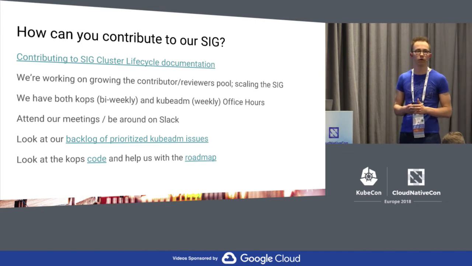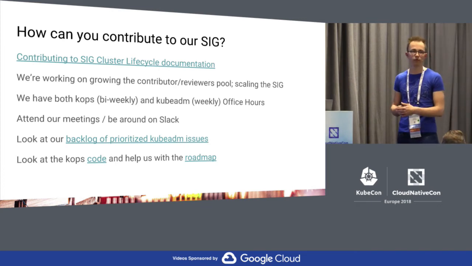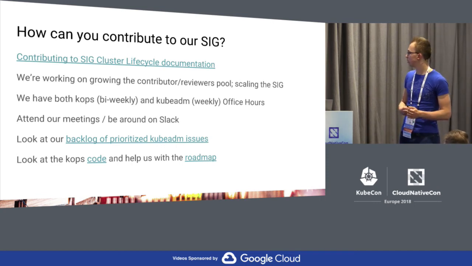So if you want to chime in and help, come to our SIG meetings and first ask the persons, but you can also go direct and see what are the things we're thinking about looking at, for example, 1.11. There are some links there to the kops repo, and we have a roadmap, so please come along if you're interested.